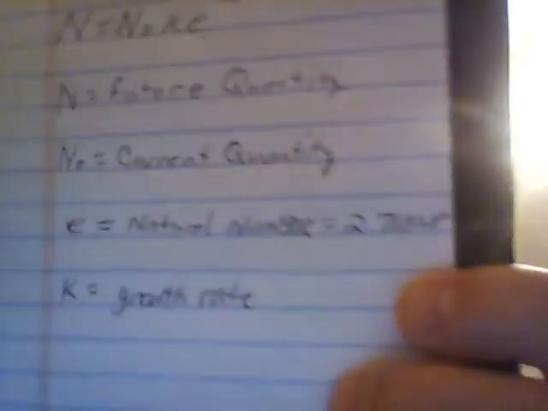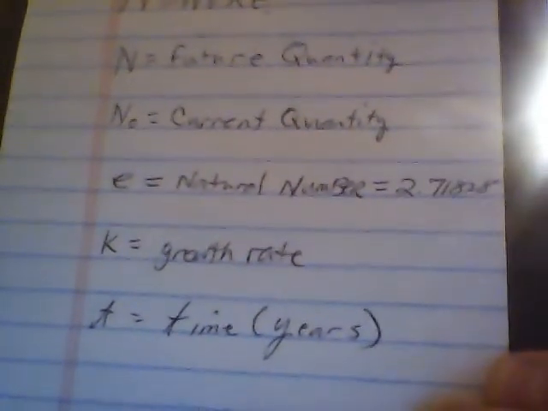K is the growth rate. And then T is time, and I'm going to do one more thing about time: it's the time in years. So those are my notes that I wrote up on the board.